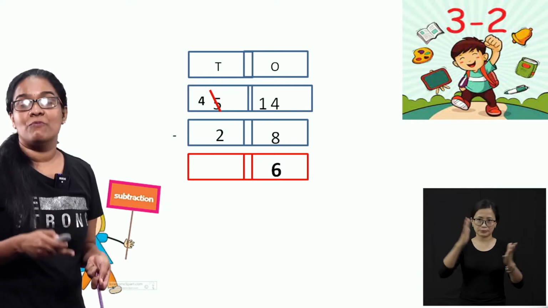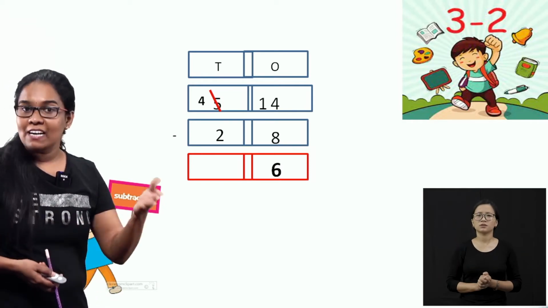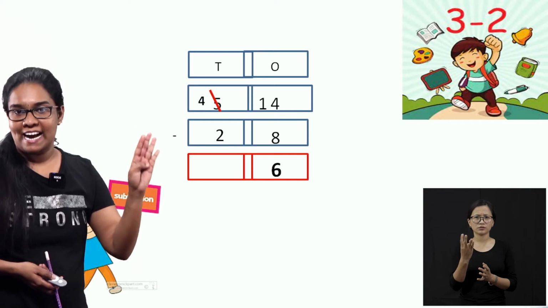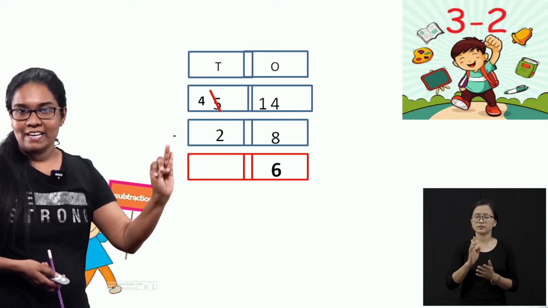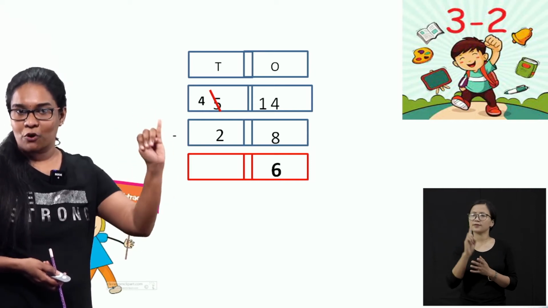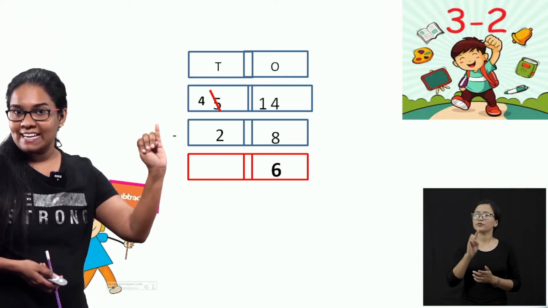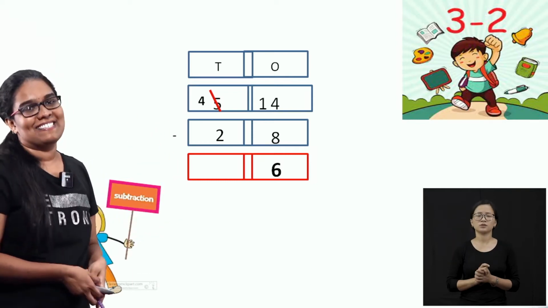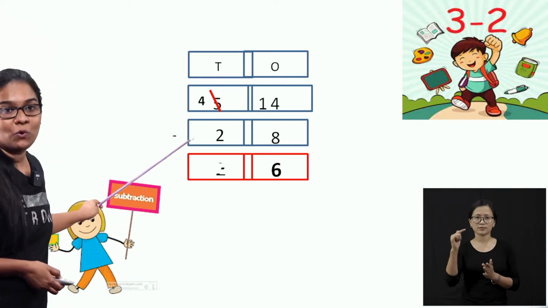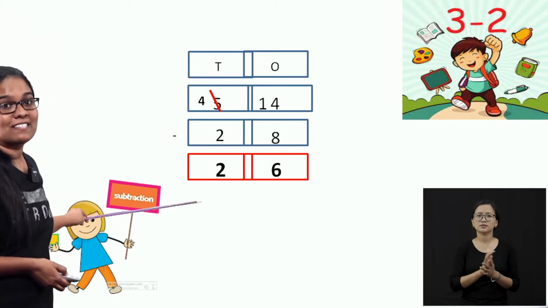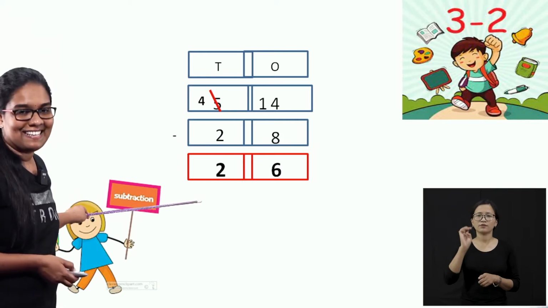Then start counting from 9. 9, 10, 11, 12, 13, 14. 14 minus 8 is 6. Then 4 minus 2 is 2. The answer is 26.